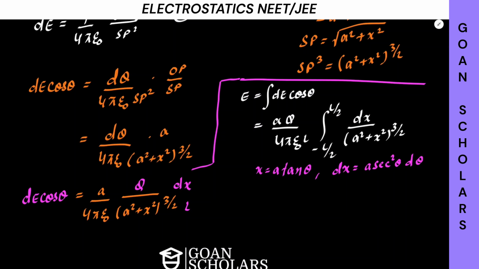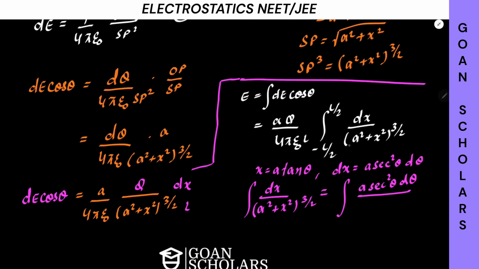So let's evaluate this in a simple manner, and then we will put it back into our problem. So what we will do here is the integration of dx upon (a square plus x square) whole power 3 by 2. Let's solve this separately. What is dx? A sec square theta d theta, right? Upon what is our a square plus x square?